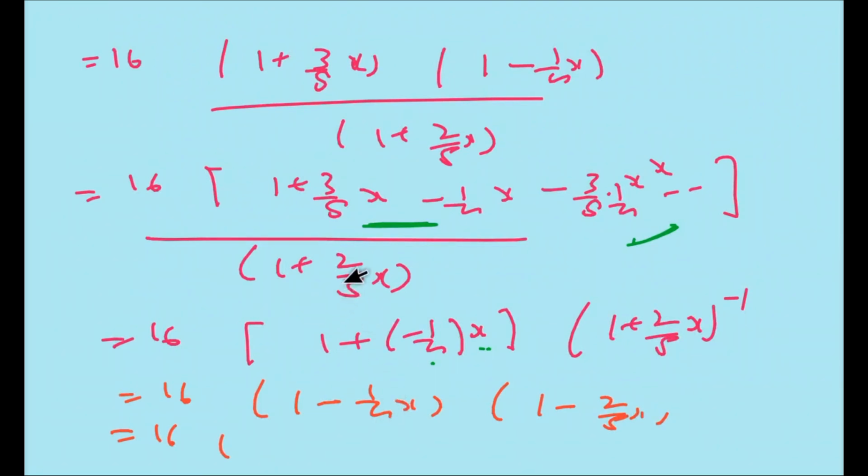First check what we get here. Taking the LCM 8, 3 by 8 minus 1 by 4, 3 minus 2, that is equal to 1 by 8. So we write here 1 by 8.